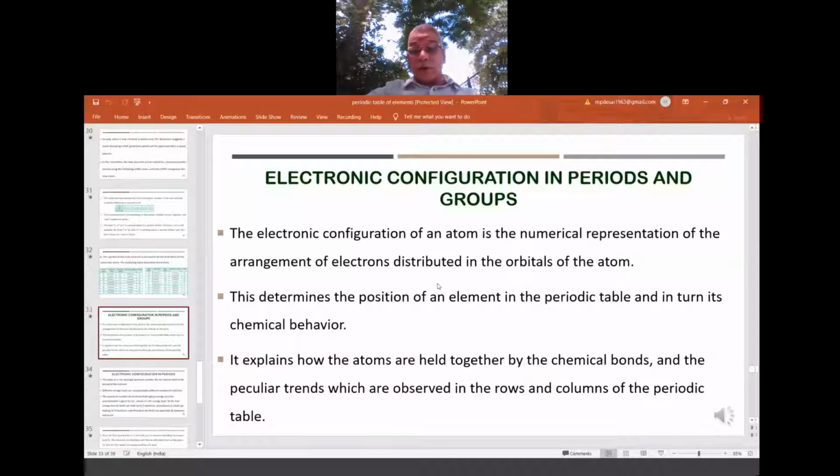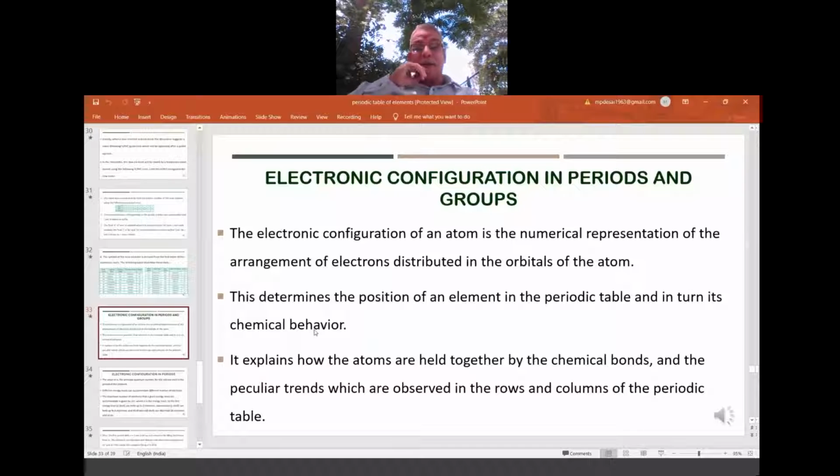The electronic configuration of an atom is the numerical representation of the arrangement of electrons distributed in the orbitals of the atom. The second point is that this determines the position of an element in the periodic table and in turn its chemical behavior.